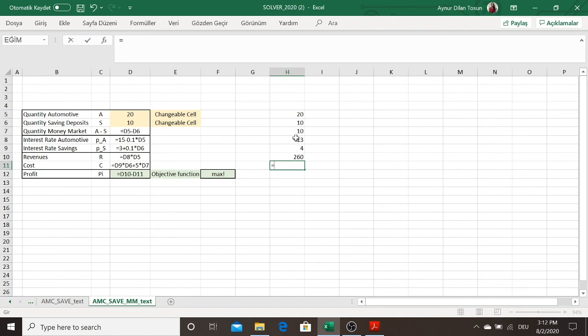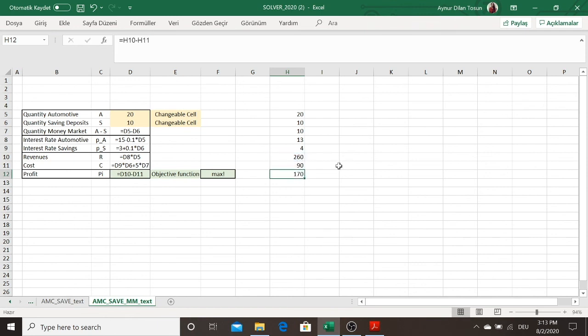Now we have the cost. The cost side is D9, that is stated, D6 plus 5 times 7. So the profit here is given as this one.